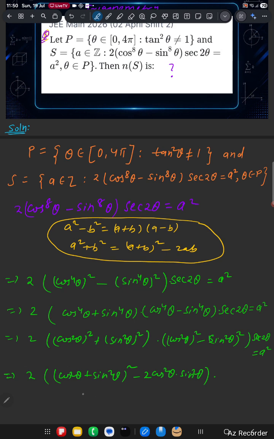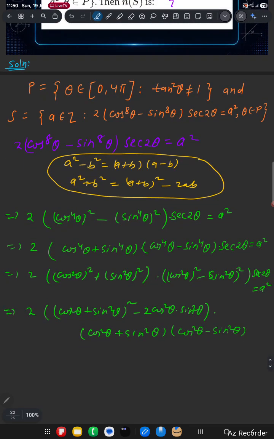So a plus b, a minus b. So cos square theta plus sin square theta and cos square theta minus sin square theta, into one more term was there, sec 2 theta is equal to a square.